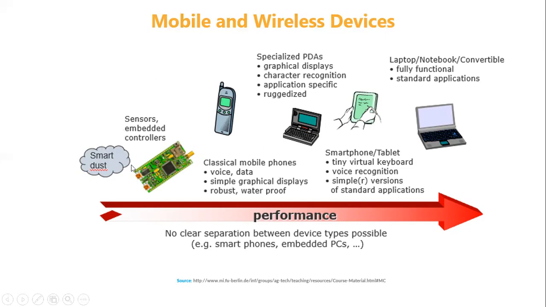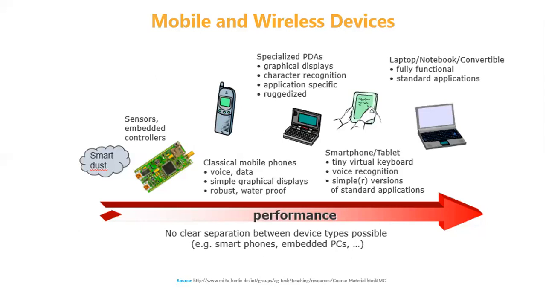First we have smart dust. Smart dust is a very small electronic particle which can sense various parameters from the environment, like heat, light, temperature, and that may be passed through a nearest server. Next, we have sensor embedded controllers. These are embedded controllers which are used to control different devices.